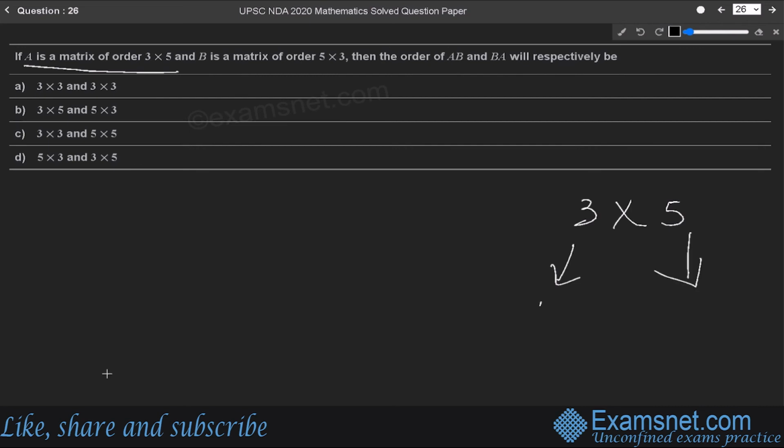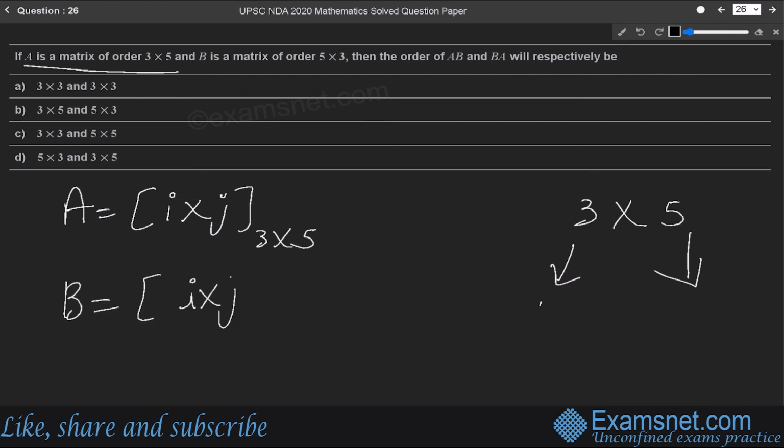Means we have a matrix in which there are 3 rows and 5 columns. So A is a matrix for I into J 3 cross 5. Again I is for rows and J is for columns. Similarly B is a matrix for 5 cross 3.